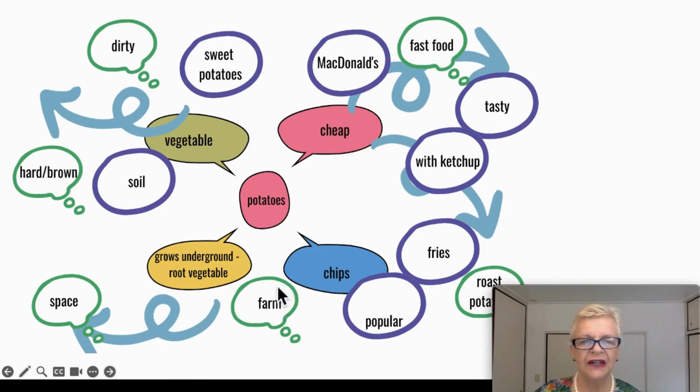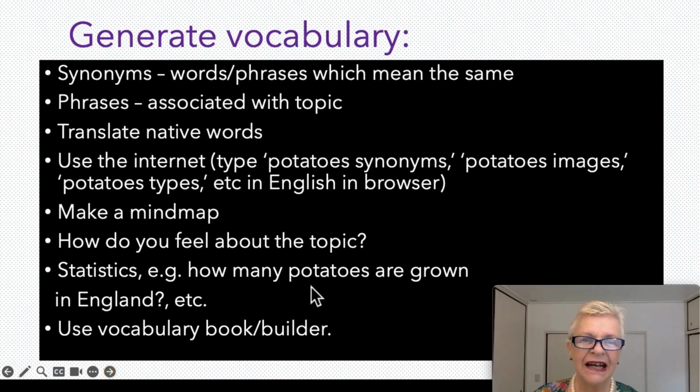These are some of the ideas that came to me when I started to think about this topic. So I put them on a mind map, just like this. And I can use colour, I can use arrows, and it's fun to make a mind map, a map of your mind.